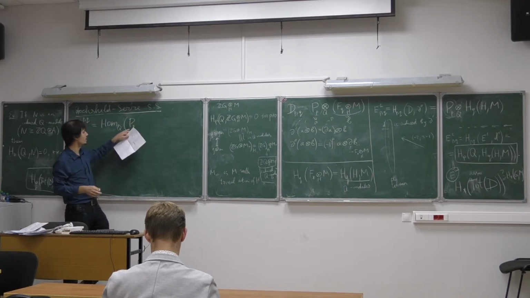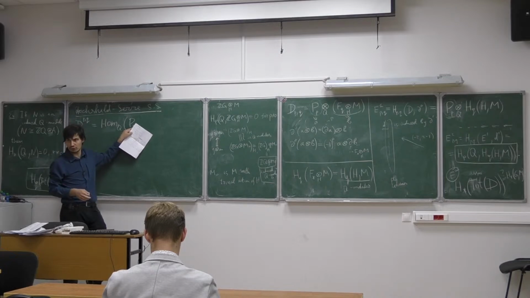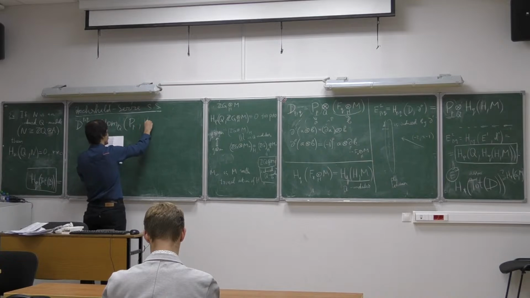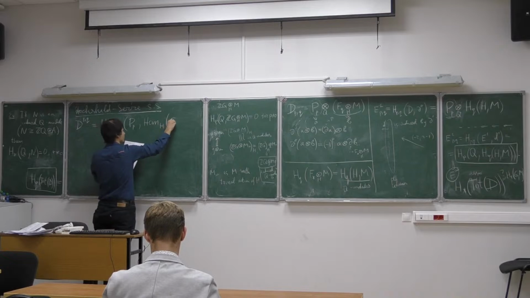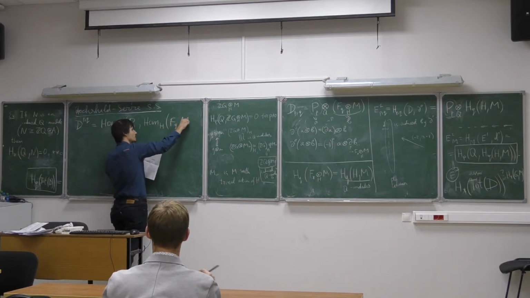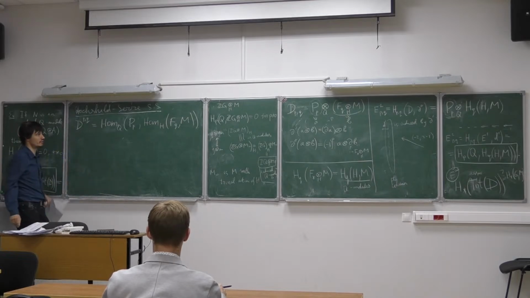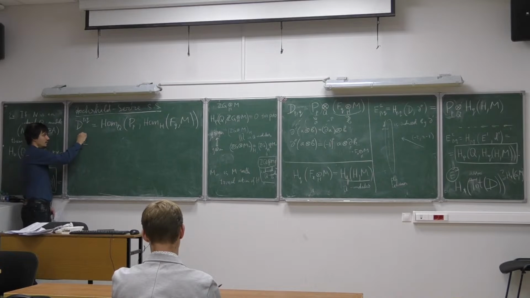Again, P is a resolution for Q and F is a resolution for H, and we need to take this double complex, and the result is that we know the second term of the spectral sequence.